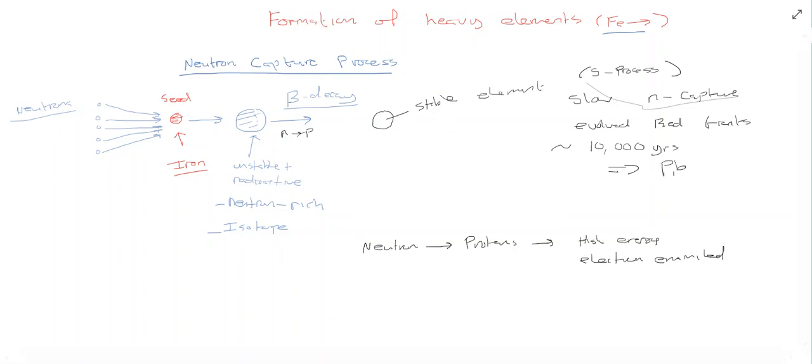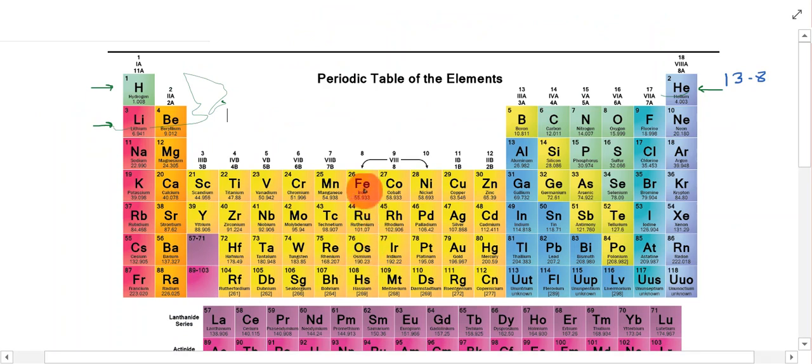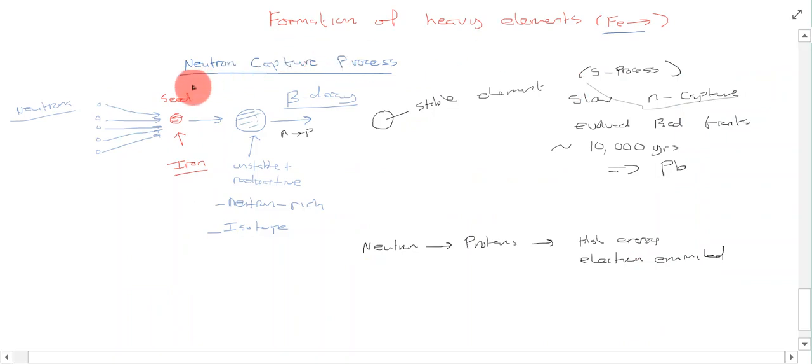So you start with iron, and you get all of these elements here, all the way up as far as lead, for example. So it happens through this slow neutron capture process.